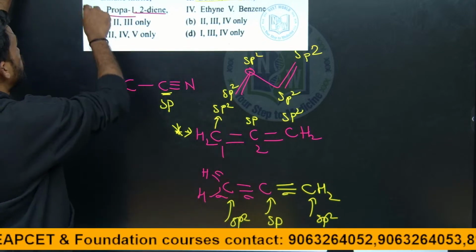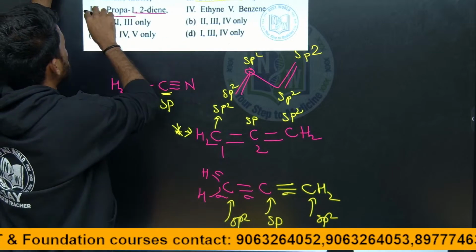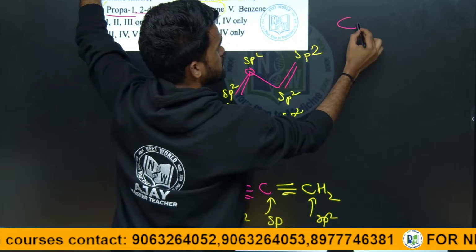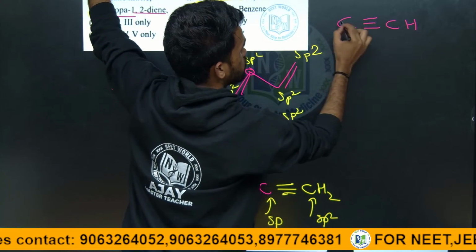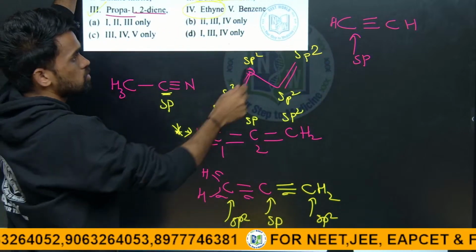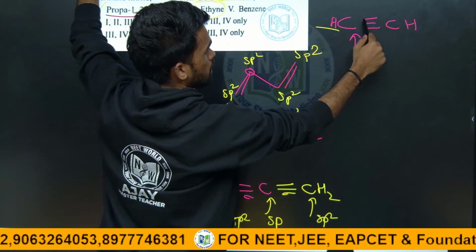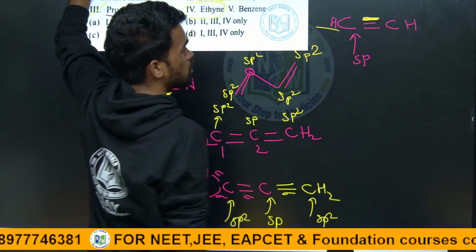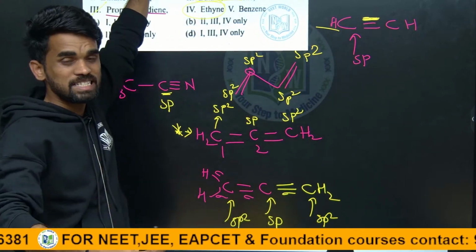So I can say 1 has an sp hybridized carbon, 3 has an sp hybridized carbon, and ethyne, which is acetylene, we have to write like this. Both carbons are sp hybridized, because on each side only 1 sigma bond is there, and the remaining are pi. The number of sigma bonds gives the hybridization number or steric number.